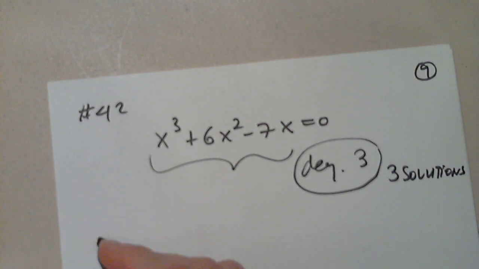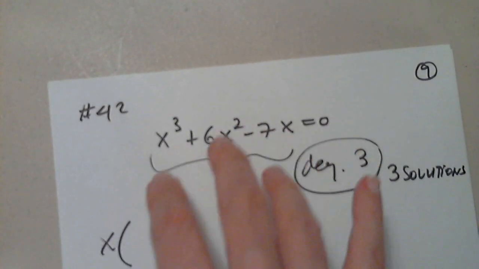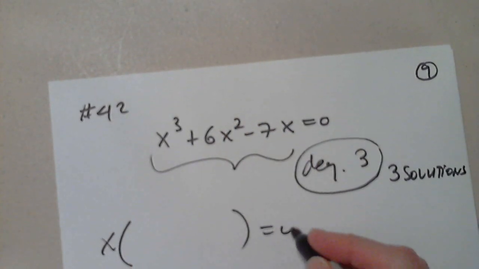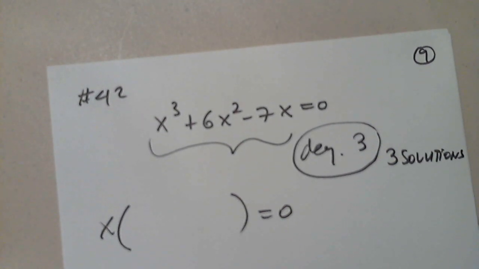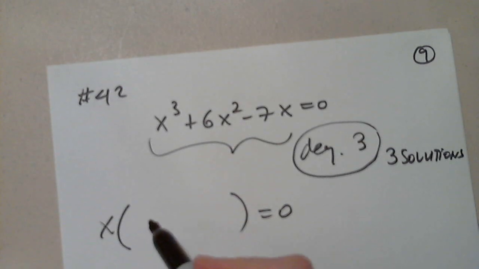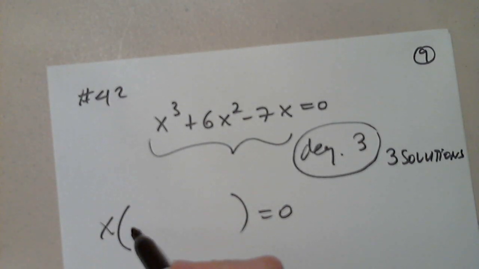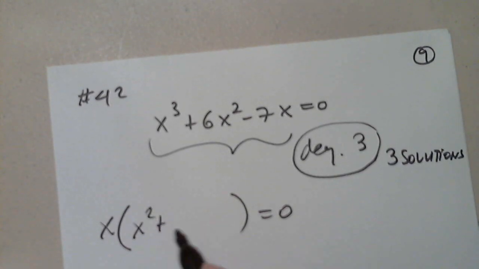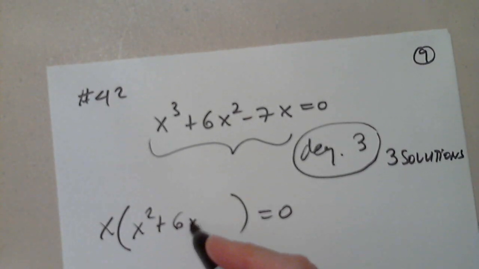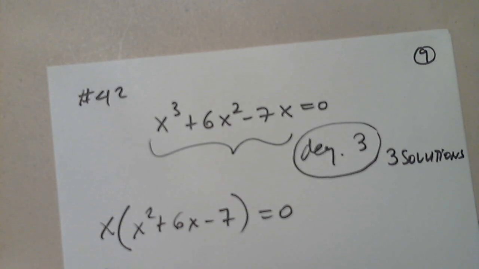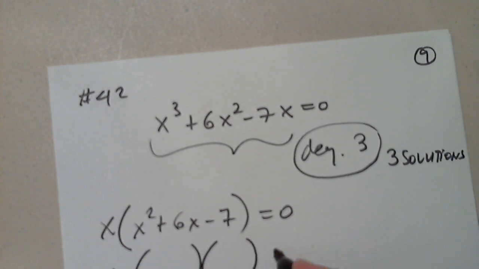X. Yes, awesome. 3 terms, you have to give me 3 terms in parentheses. What are they? Is it x squared plus 6x minus 7? That's it.